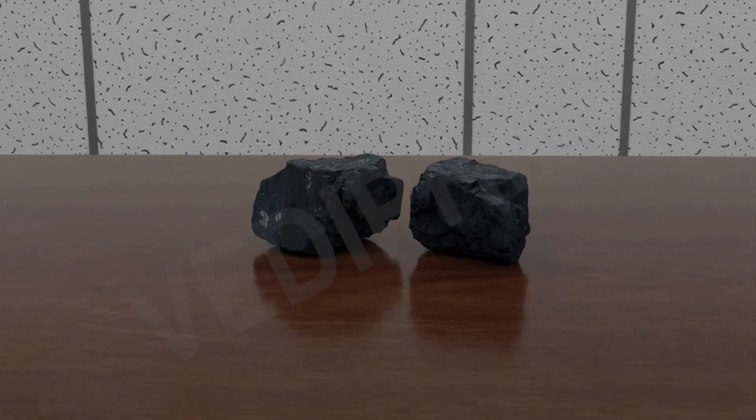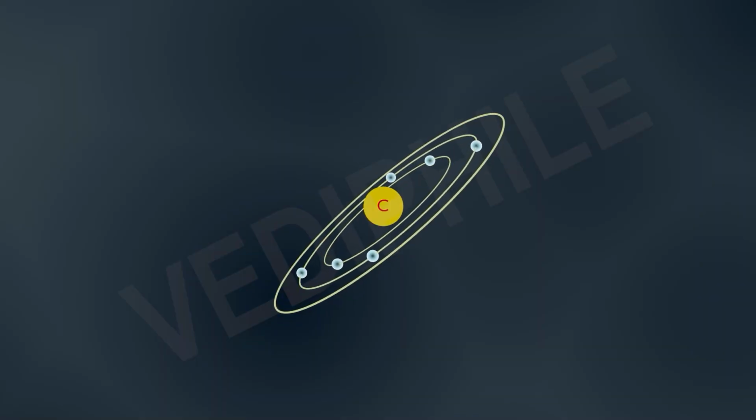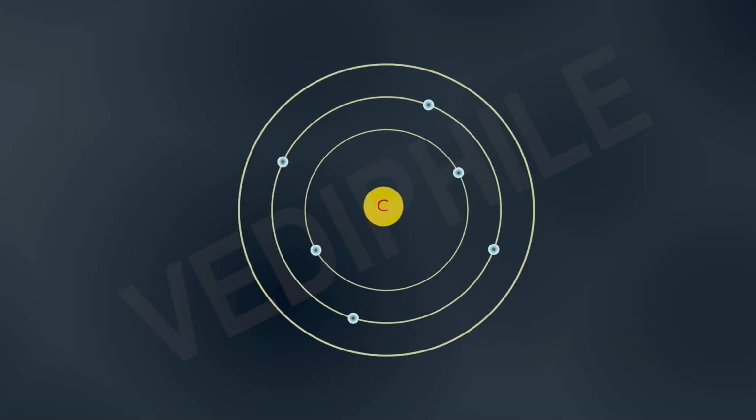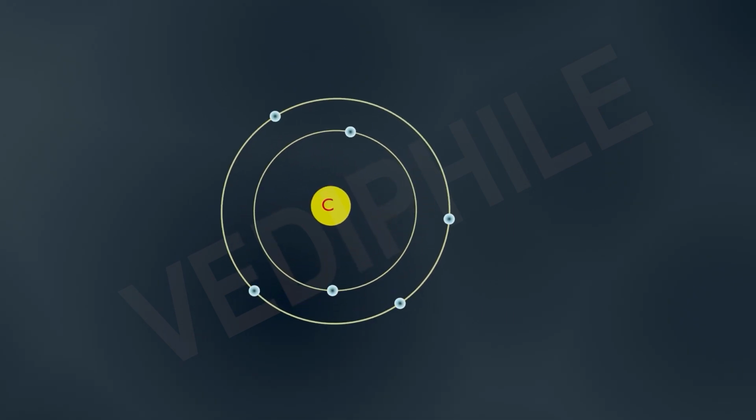So carbon is very versatile in nature. We already know that carbon makes covalent bonds by sharing the electrons in various elements and compounds. We have seen the simplest carbon compound, that is methane.